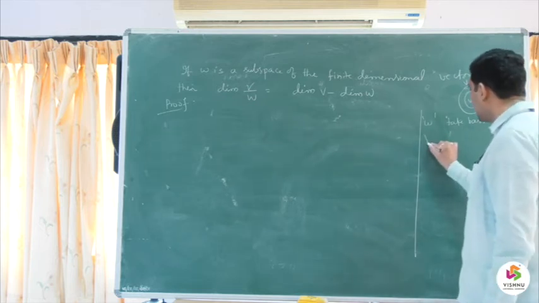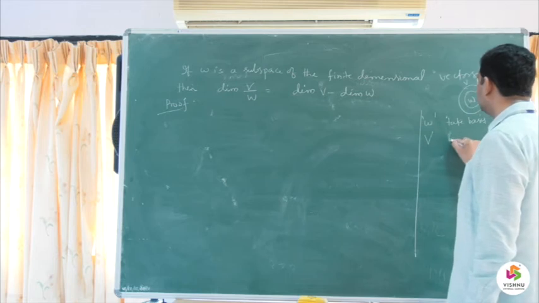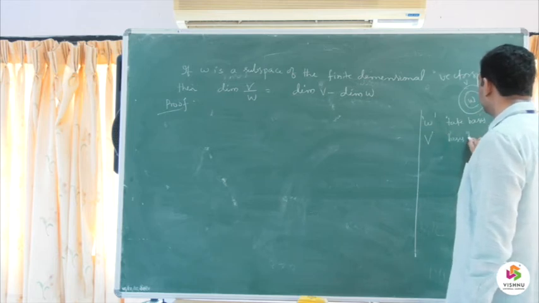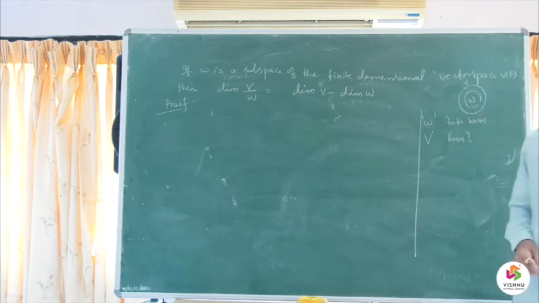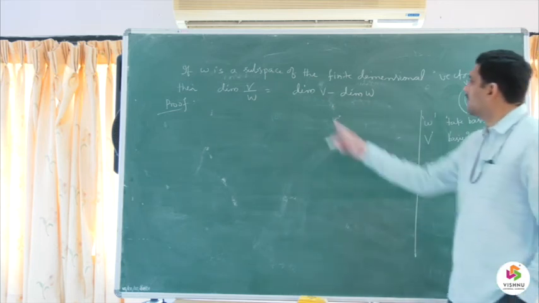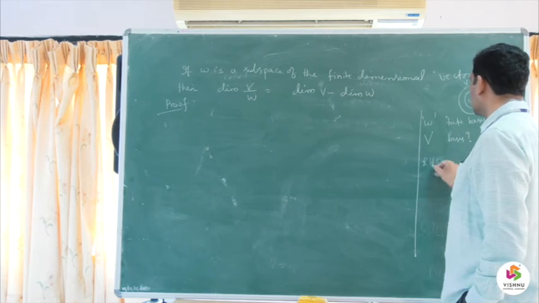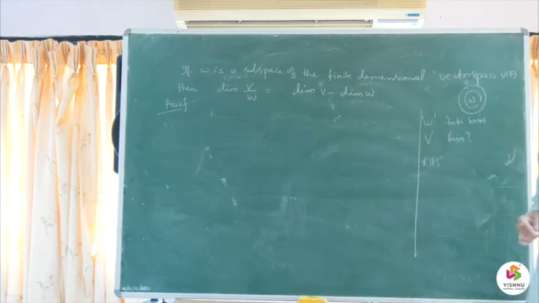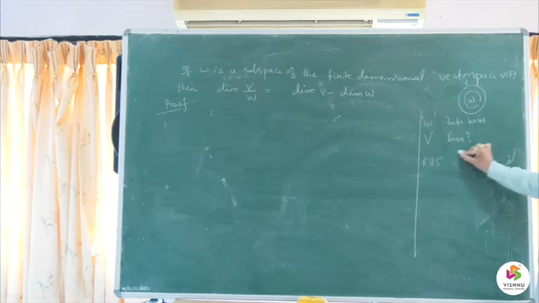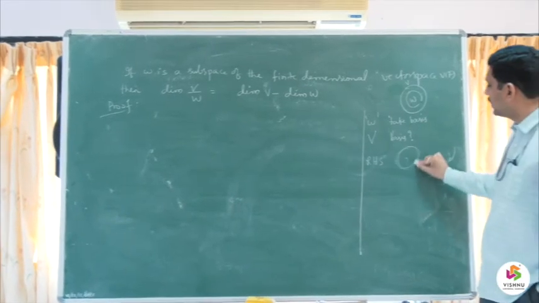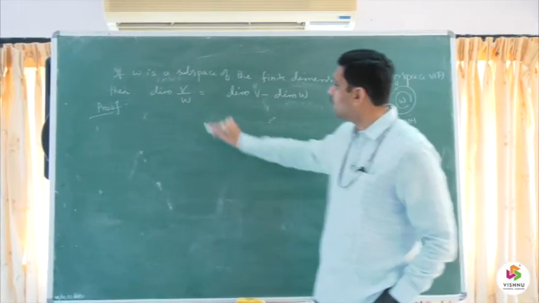So I will obtain a basis for V. Then I will consider the value of RHS. I will know what is meant by dimension V and dimension W, so I will get some value. Whatever number comes here, I must show that the same number will come for LHS.